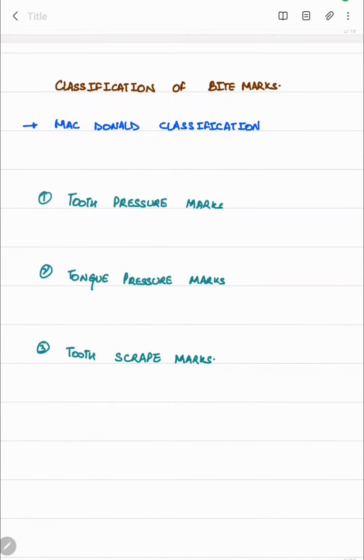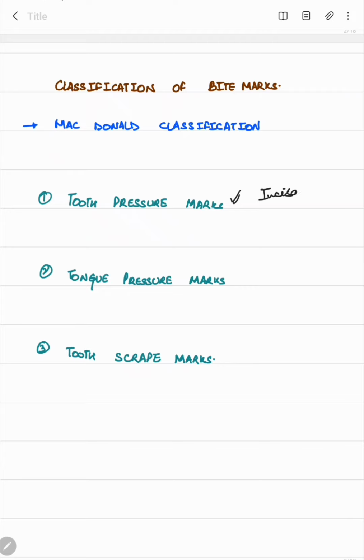The classification of bite marks. So there are two classifications. The first one is given by Macdonald, in which he classified bite marks into three types: tooth pressure marks, tongue pressure marks, and tooth scrape marks. The first one, tooth pressure marks, is one in which we can see the incisal and occlusal surfaces of the teeth on the bite marks.